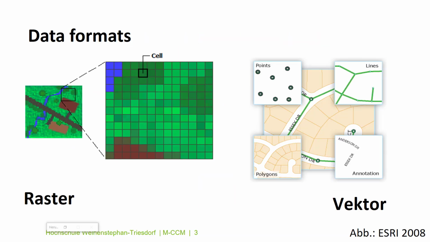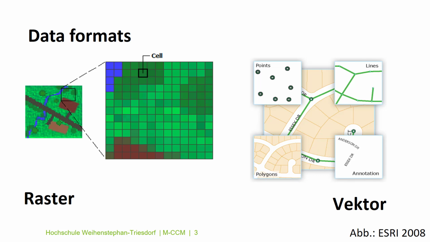First of all, we have two main types of data. There are a few more, but the two main types are raster data, which consists of raster cells. You could imagine it like an old TV where you can see each LED cell. And vector data, which consists of points, lines, and polygons. Both data types have individual advantages and disadvantages.